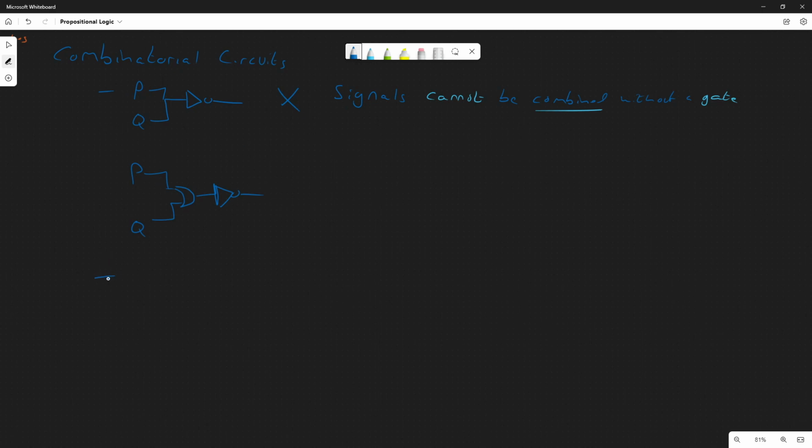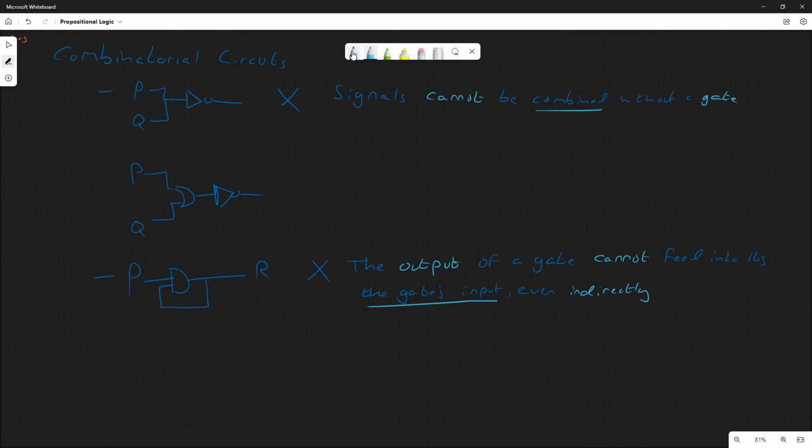Your second rule says that you may not recursively feed a gate. So you cannot feed a gate its own output. So it's invalid to have something like P leads into an AND gate, which goes into R and also goes into itself. This is invalid. This also applies even indirectly. So this is incorrect.